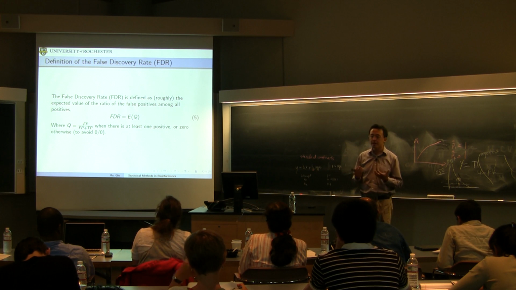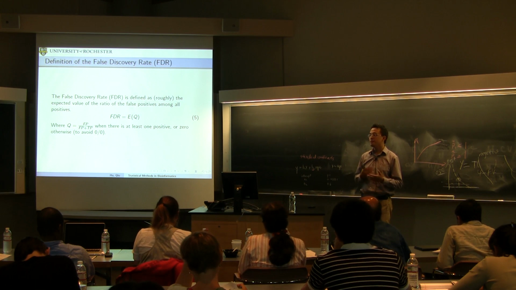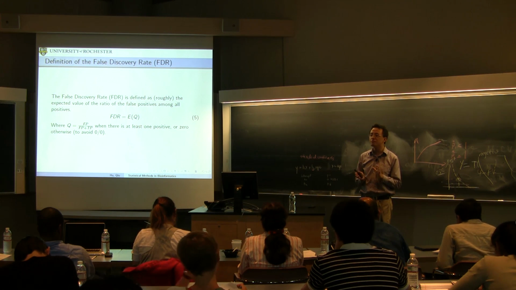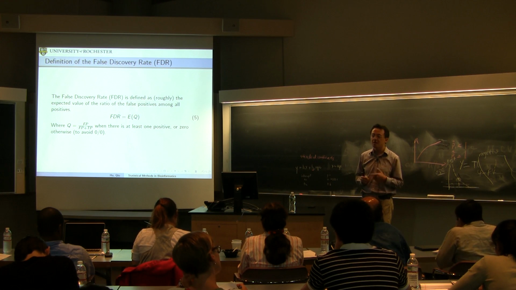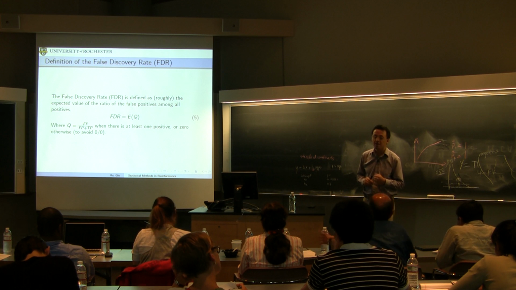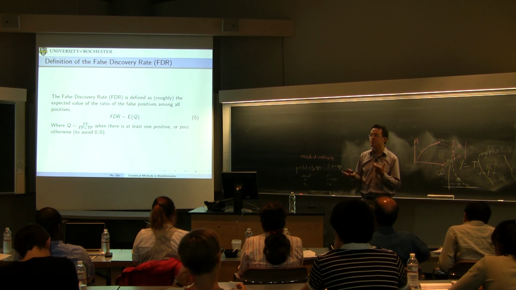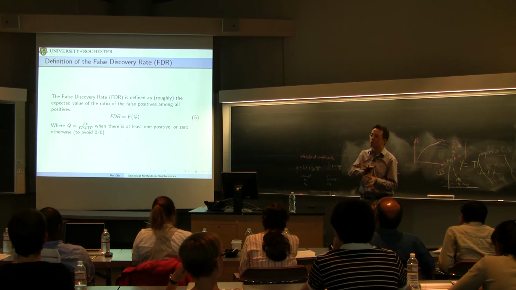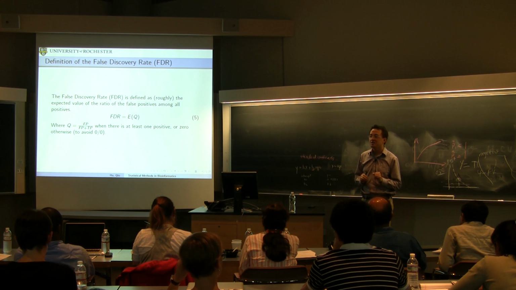But sometimes my collaborator would say, okay, in my final gene list, maybe I will allow a certain number of false positives. For example, if you have 100 genes, maybe I can allow 5% to be false positives. I'm okay, as long as I get the majority correct, I'm fine.